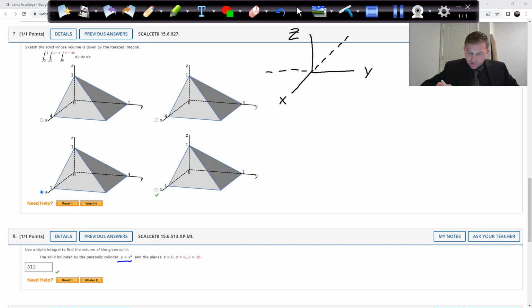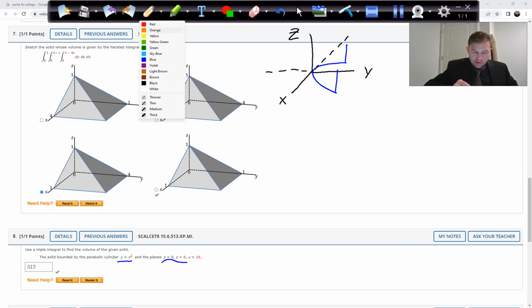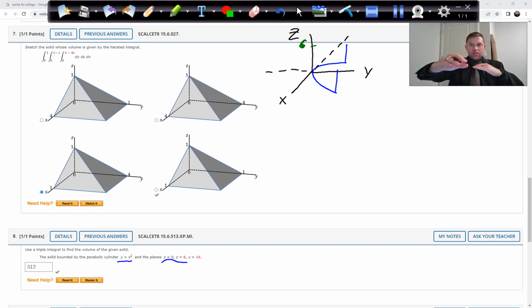That is a parabola that looks like this. And it's going to keep going up. And it goes up until the point z equals 6. So at this height, z equal to 6, it's going to chop this thing off.